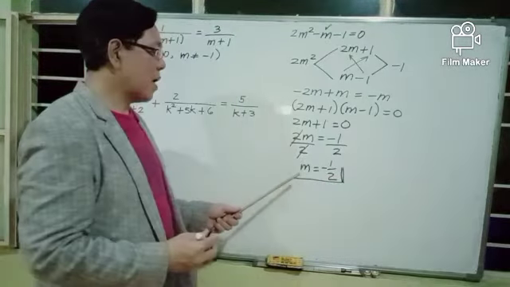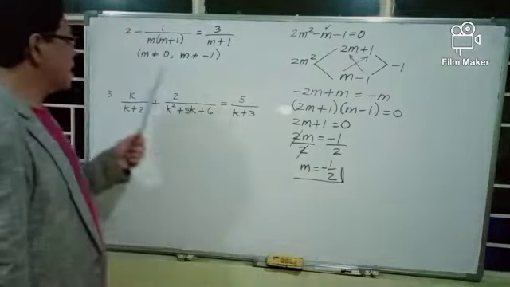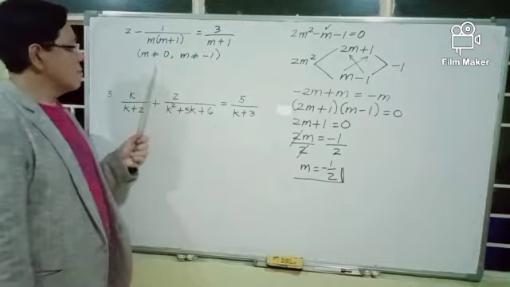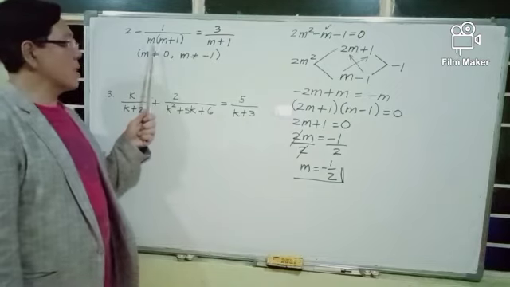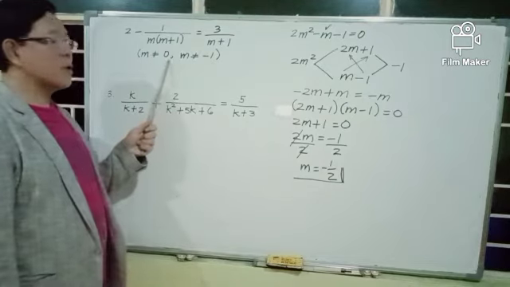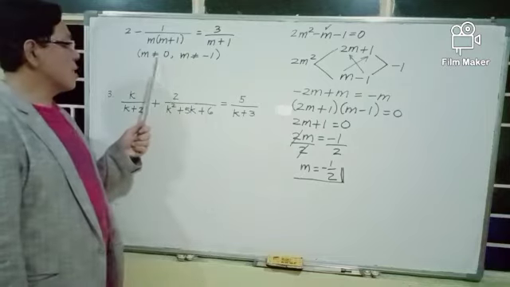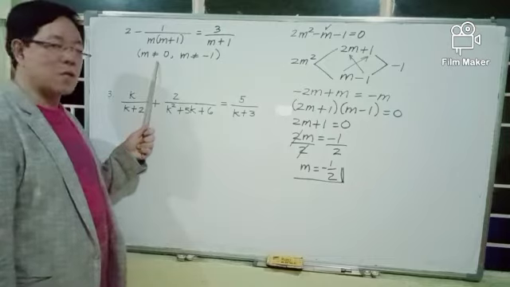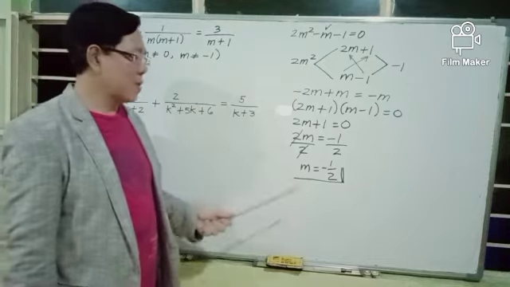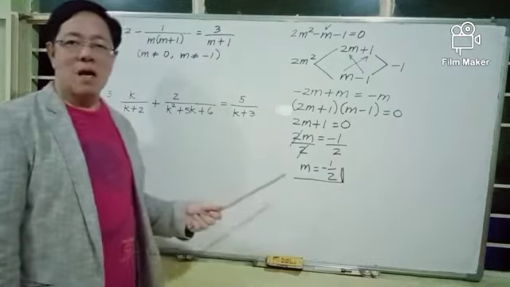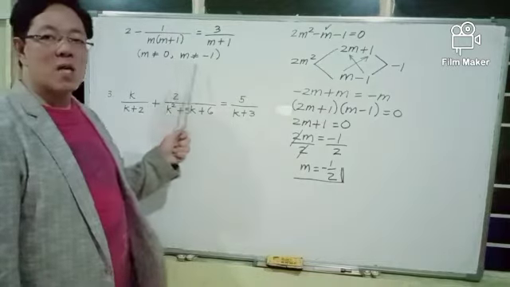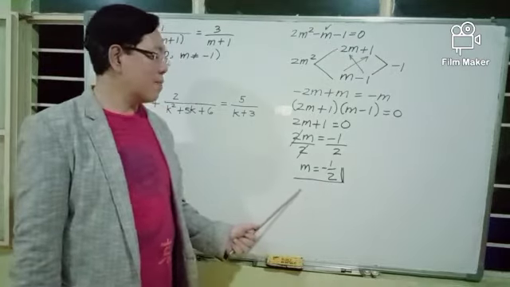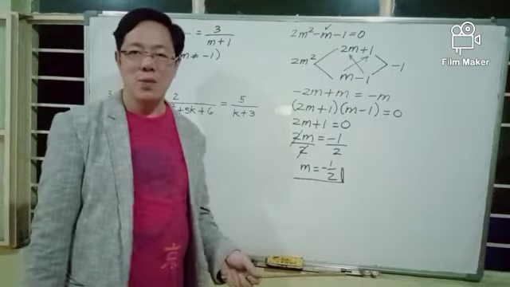Now, this value of m is not one of the values of m that will make the denominator 0. The values of m that will make the denominator 0 are 0 and -1. Therefore, we restrict the values of m to those not equal to 0 and not equal to -1. And -1/2 is not equal to either one of these. Therefore, we accept m equals -1/2 as a solution.